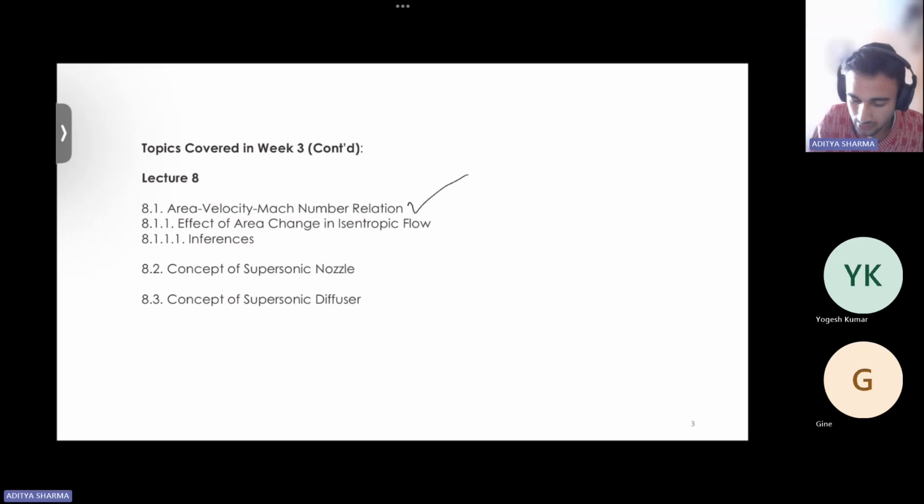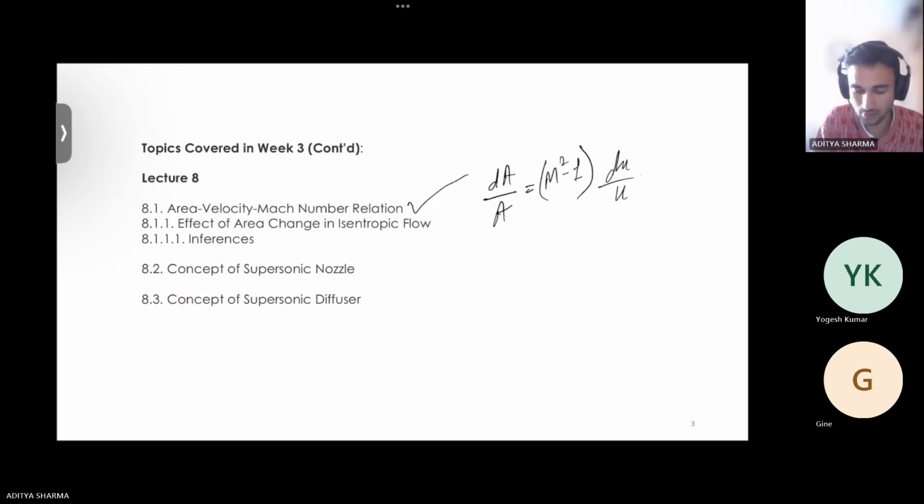It's a very important topic from the perspective of numericals, and also from the perspective of physics in compressible flows.